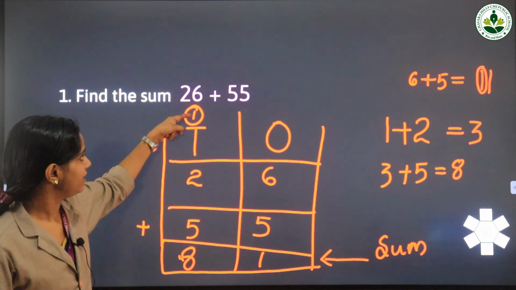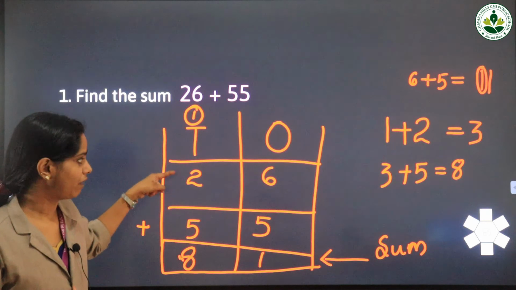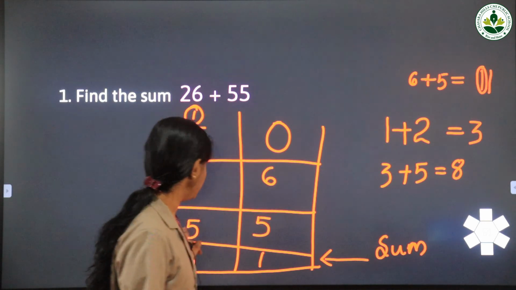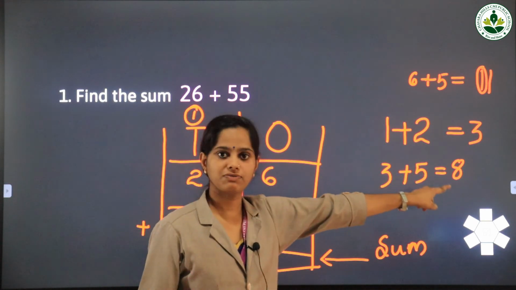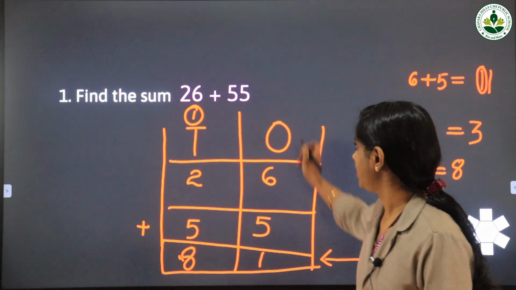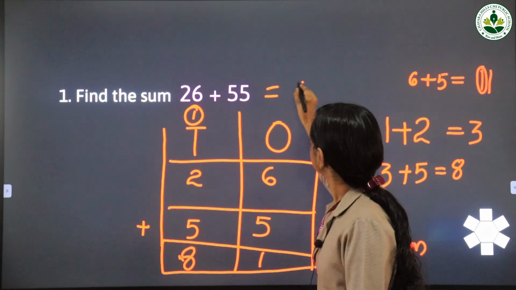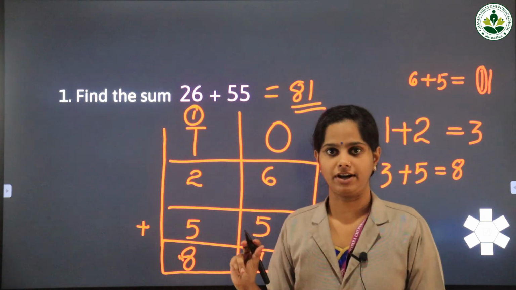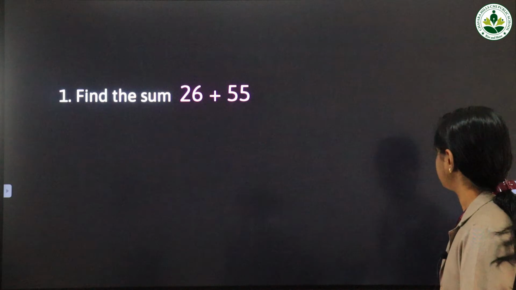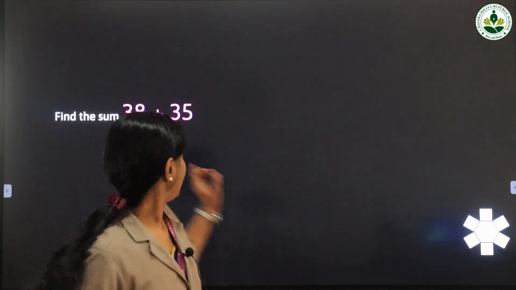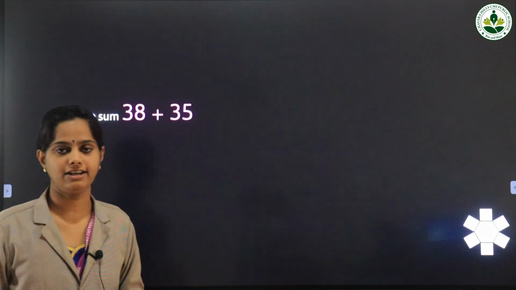Okay, then we add 1 plus 2. 1 plus 2 is equal to 3. Again we add 5 to 3. 3 plus 5 is equal to 8. So the sum is 81.